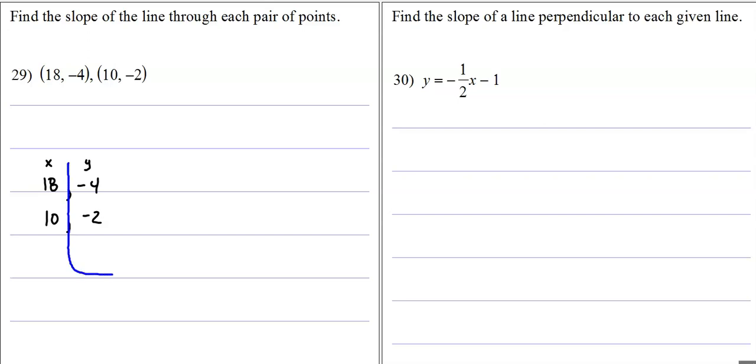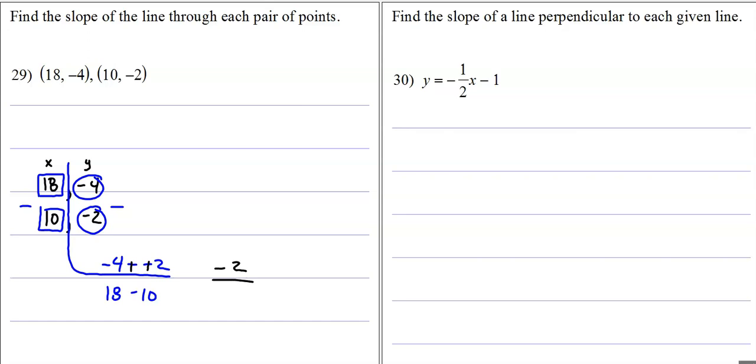Just come down, hook to the right. Now I'm going to subtract my two y values. So I'm going to go -4, take away -2. And then I have to do my x values. I have to do 18, take away 10. 18, take away 10. And let's clean this up. Minus a negative is really plus a positive.